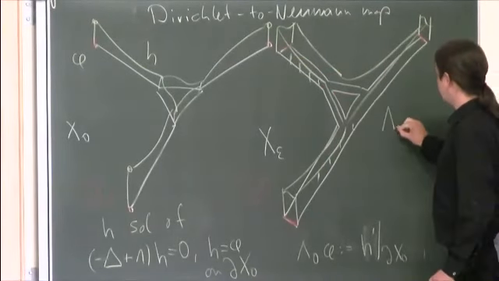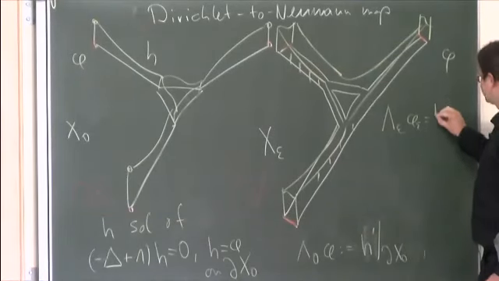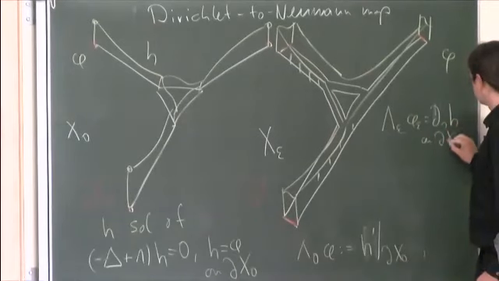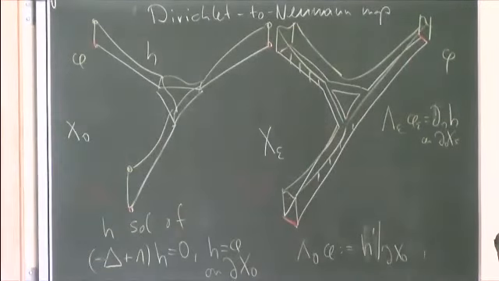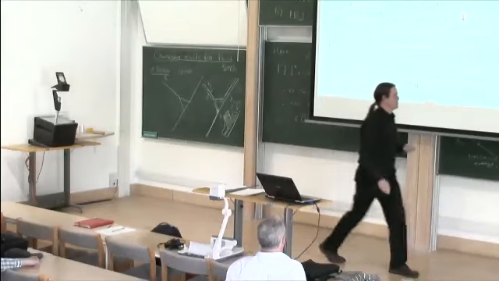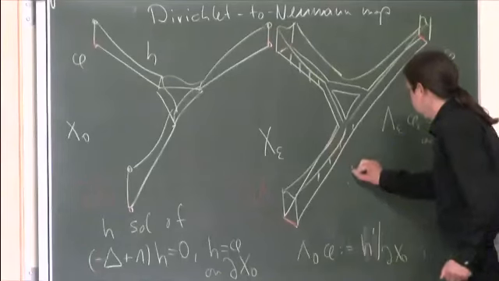And again, lambda epsilon of phi epsilon equals, in this case, a normal derivative. And actually what we can show now, in a similar spirit as I explained here with identification operators, is a joint work with Uwe Bernd from the Technical University of Berlin.